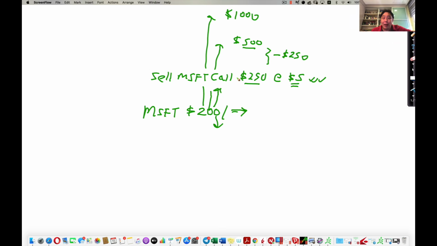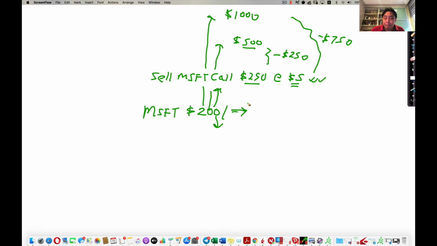Imagine you buy the shares at $1,000, you sell it at $250, how much do you lose? You lose $750. So you can see that the higher the stock price goes, the more the call seller loses. So he's exposed to unlimited loss if the stock price keeps going up. So limited return of $5, but unlimited loss. So this is what we call selling naked. So you never sell naked.